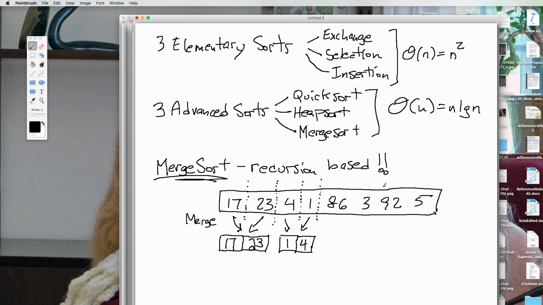I'm going to come over here on the right side. I cut this in half, and cut each one of these in half, keep cutting in half until I get down to arrays of 1, which are sorted. I'm going to merge again.